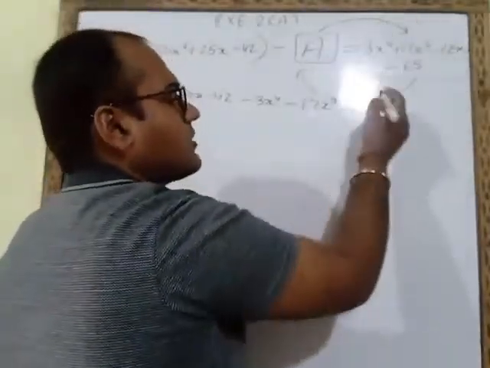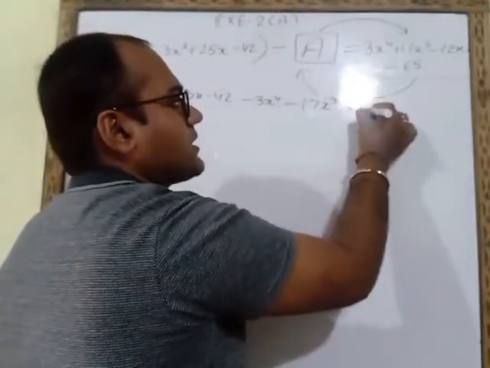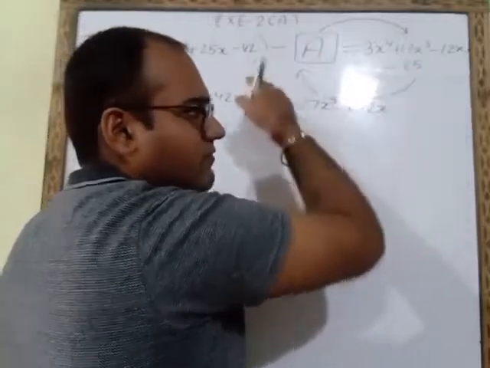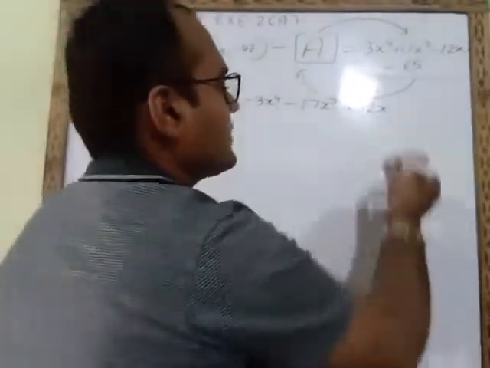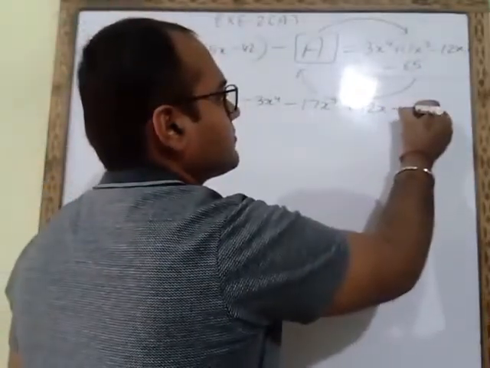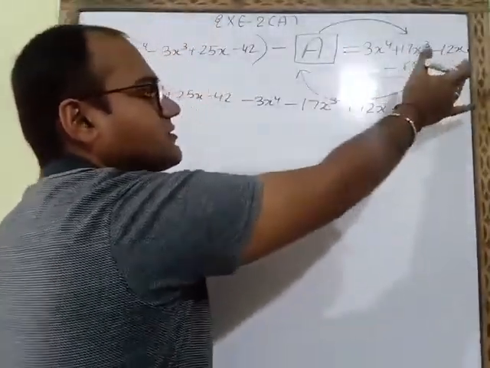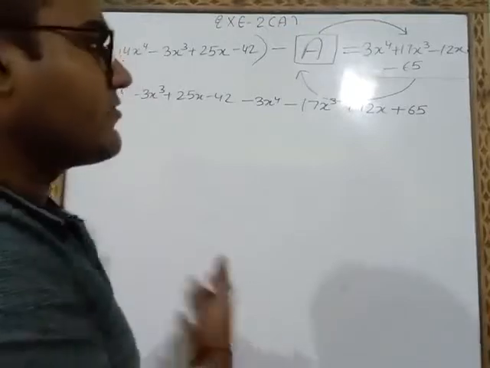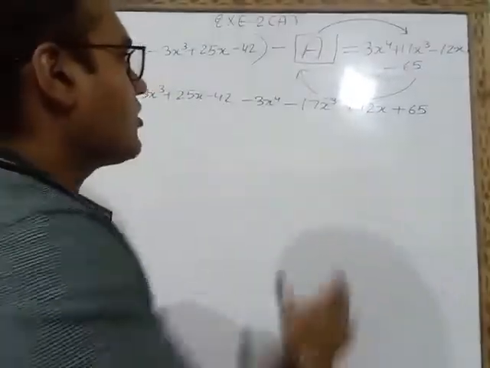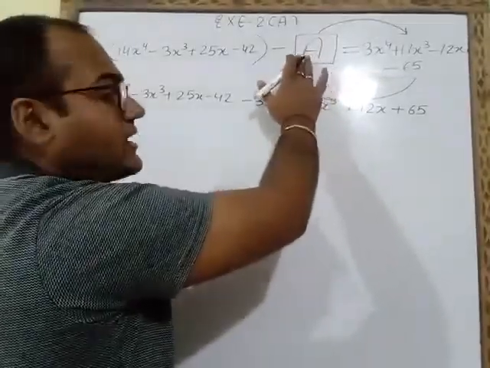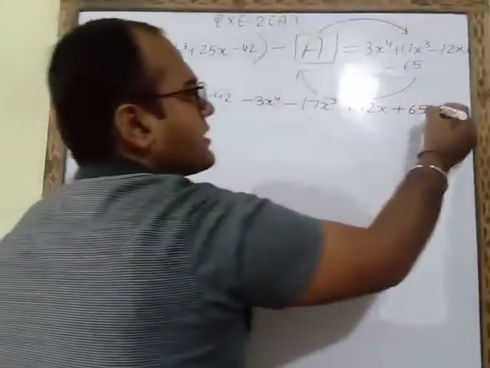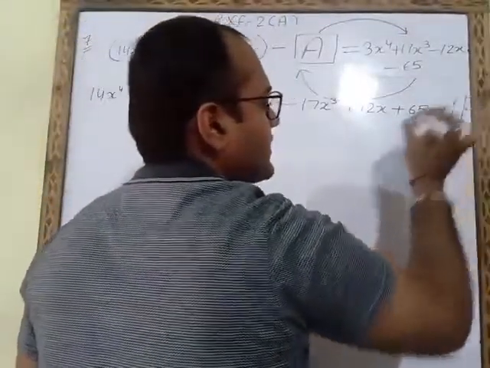Minus 12x we will bring on the left hand, so this will become plus 12x. Minus 65 when it comes on the left hand, it will become plus 65. So these all terms we brought to the left hand side and we have changed the sign. Now this left number minus A we will bring on the right hand side, and this will change to plus A.